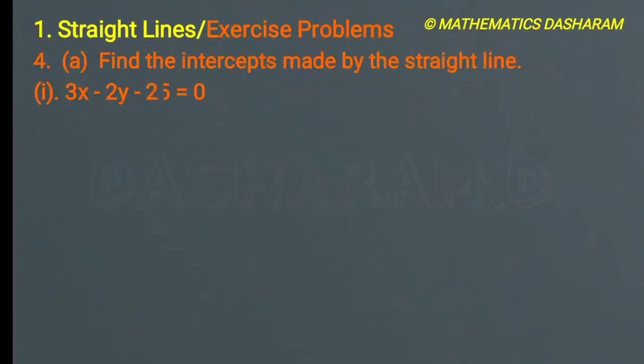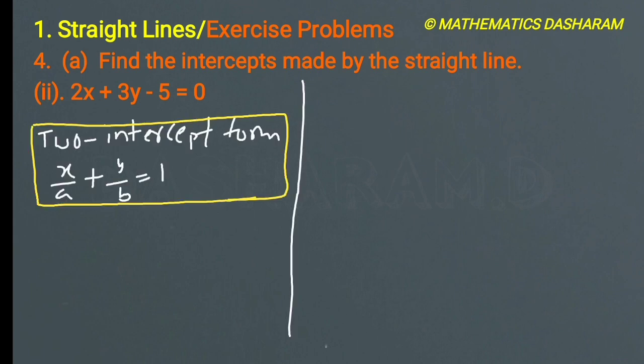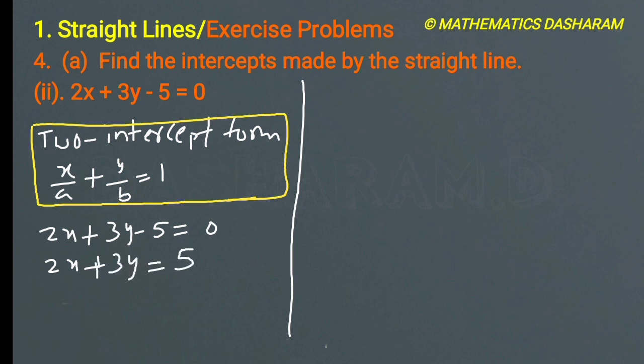Next, the second question is 2x plus 3y minus 5 equals 0. The two-intercept form is x by a plus y by b equals 1. So 2x plus 3y minus 5 equals 0. First we need to transpose the constant term to the RHS, so it is plus 5. Next, on the RHS we need a 1, so divide by 5, and here also divide by 5.